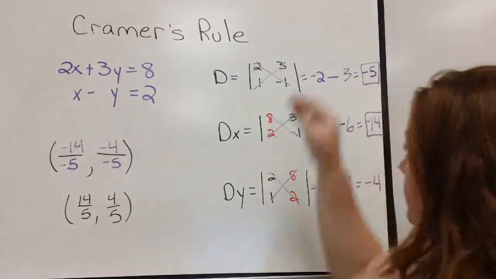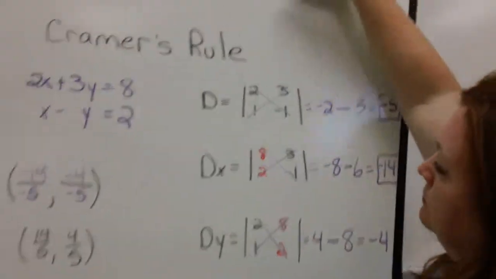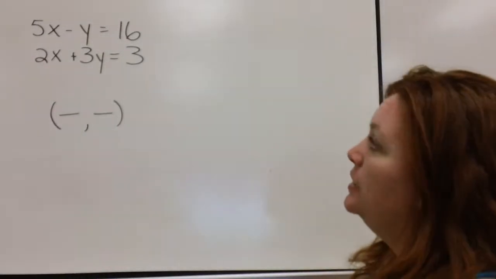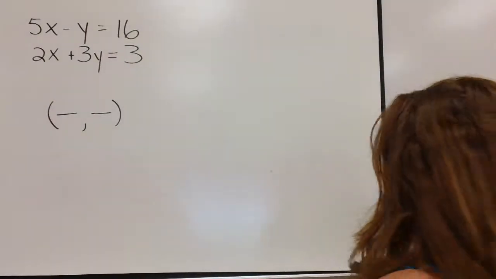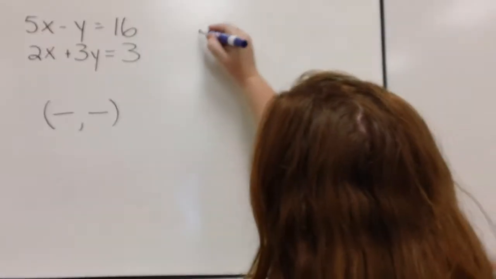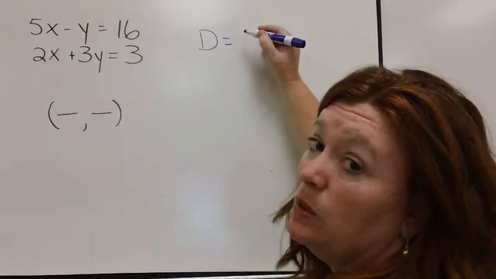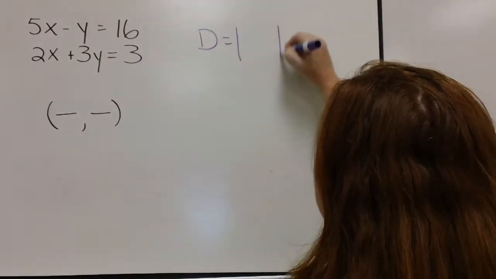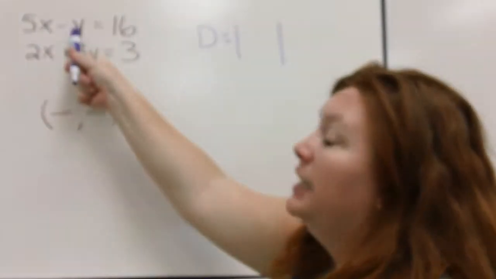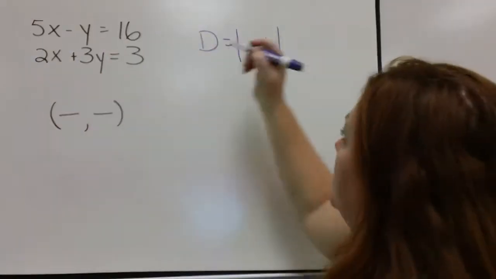Let's try one more from scratch. 5x minus y equals 16, and 2x plus 3y equals 3. So the very first thing I'm going to do is start with d. I need d, dx, and dy. d is the determinant made from the coefficients 5, negative 1, 2, 3.